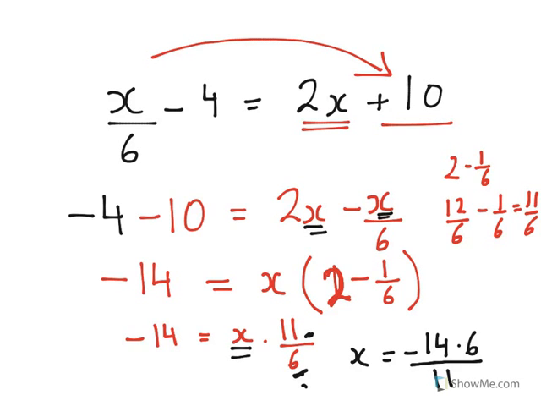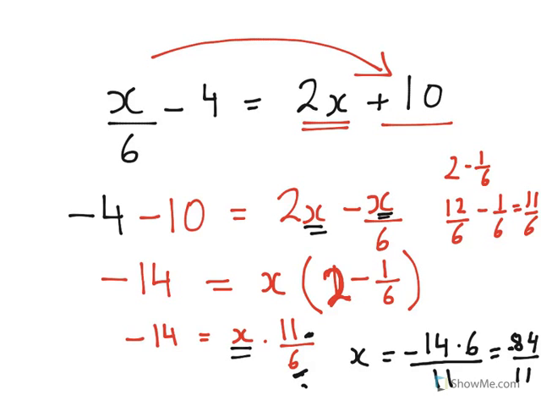Not really great numbers here, but once we have that value for x that we can calculate here, we can then just punch it back into the equation and check that it worked. Right, let's have a quick look then. Well, 14 times 5 would be 70, so 14 times 6 would be 84 divided by 11.